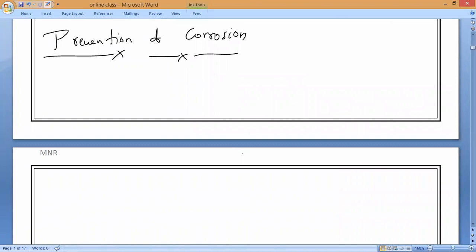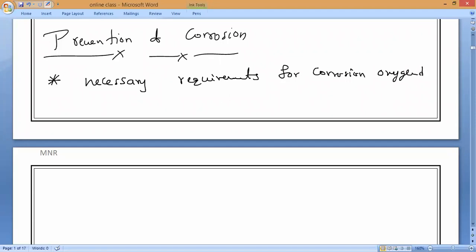The first thing to remember when protecting metals is that the necessary requirements for corrosion or rusting are oxygen and moisture, or else carbon dioxide and moisture, or H2S. Whatever preventive methods we use, once we prevent the metal from meeting this moisture, oxygen, carbon dioxide and H2S, the corrosion will automatically be controlled.